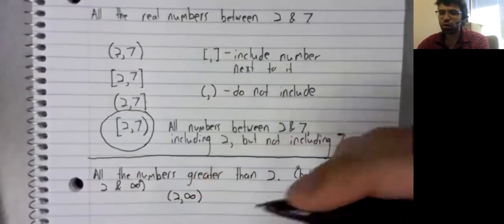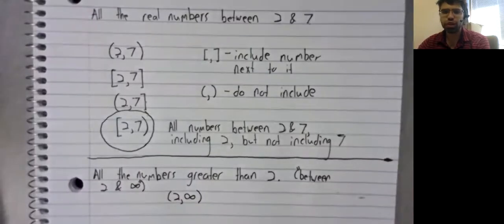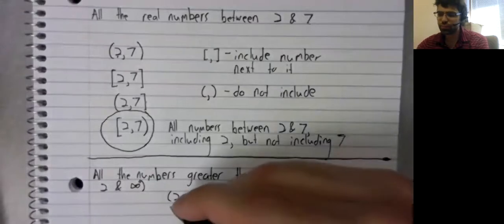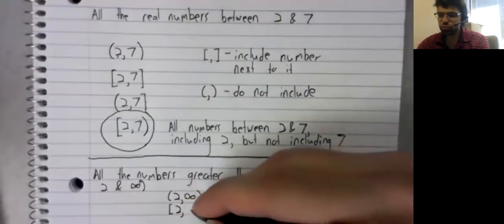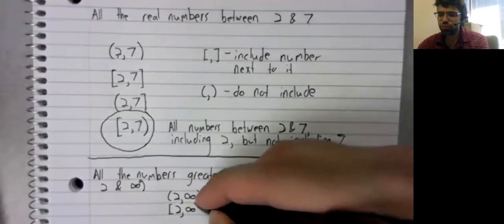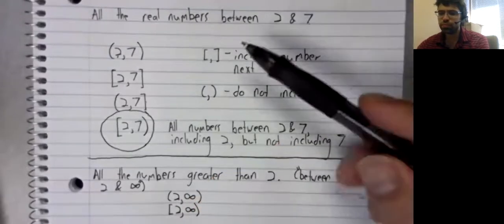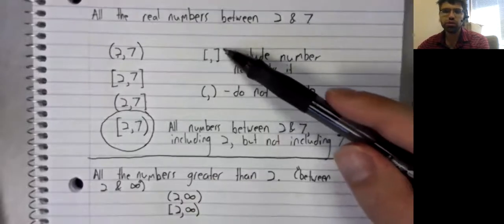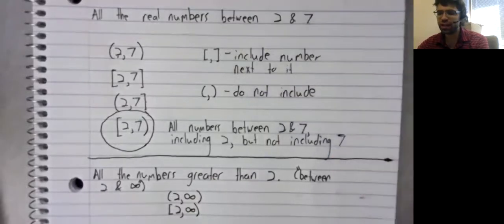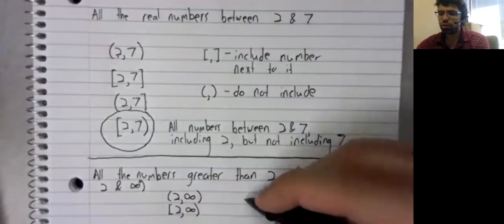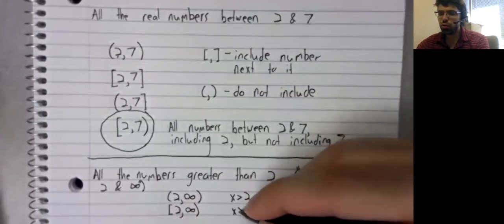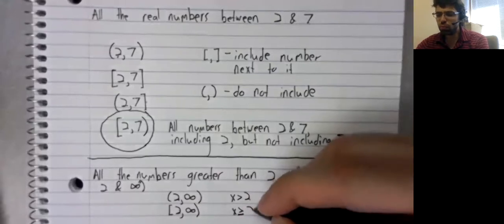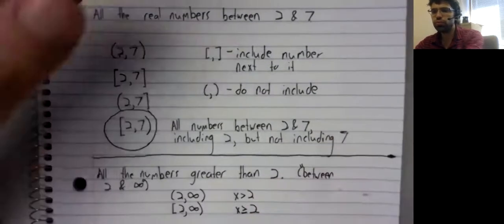Here are all the numbers greater than 2. If you wanted to include 2 in that, we could use a closed bracket instead, or the numbers greater than or equal to 2.